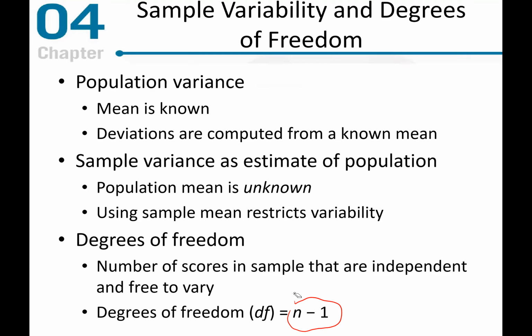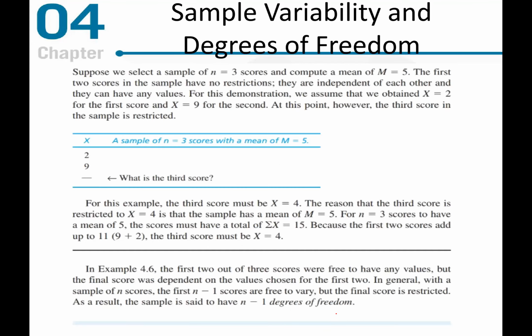So let's talk more about this. So suppose we select a sample, right? It's a sample because we have the lowercase n, a sample of 3 scores, and compute the mean of 5, right? The first 2 scores in the sample have no restrictions, right? They are independent of each other and they can have any possible value.